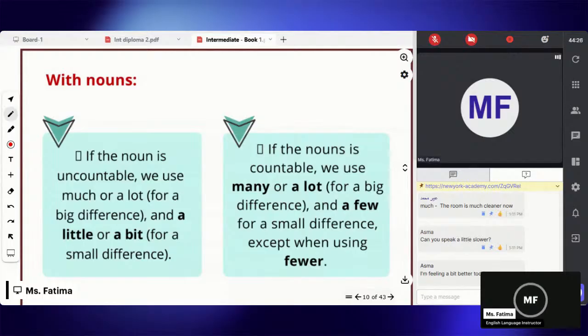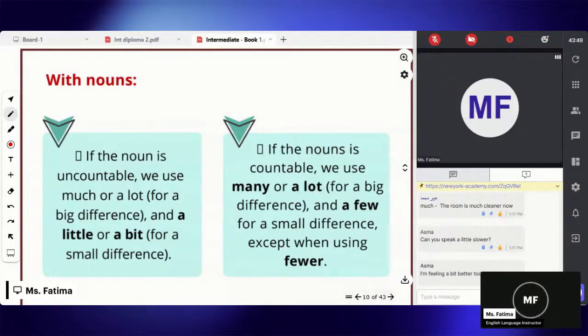Many is for whatever is countable, and much is for whatever is uncountable. Whereas a lot can go with all of them. A lot we can use with all, whether countable or uncountable, an adjective or an adverb. Okay, this is to show a big difference.